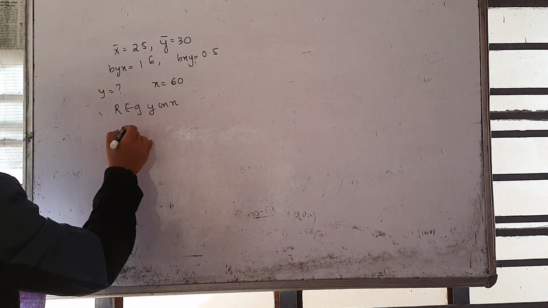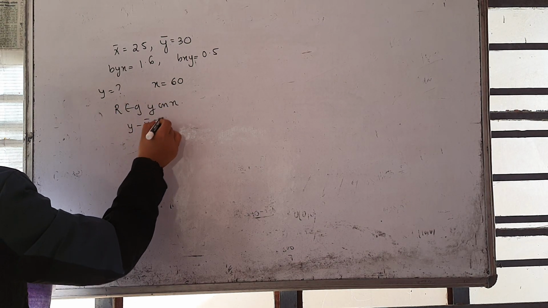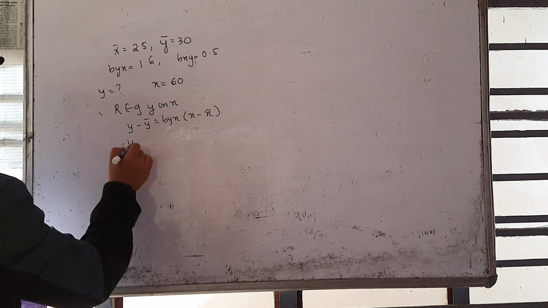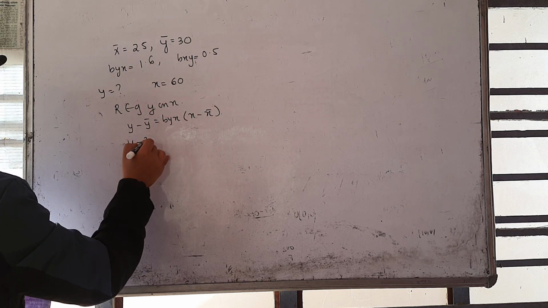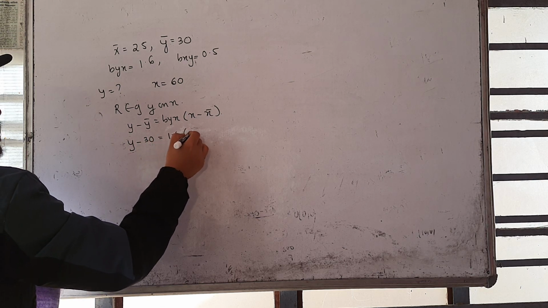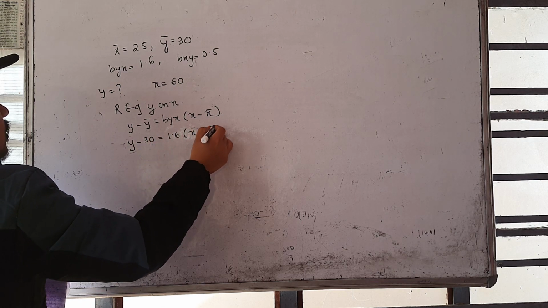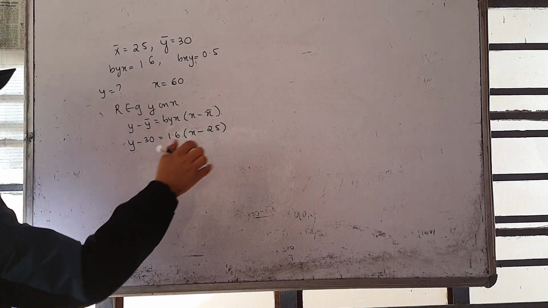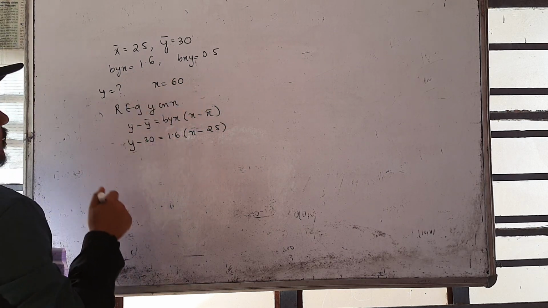Come on, tell me the formula. Y minus y bar equals byx into x minus x bar. Y minus, what is y bar please? 30. What is byx? 1.6. X minus x bar, 25. Is it clear? And this is the equation. And what is the value of x given to us?